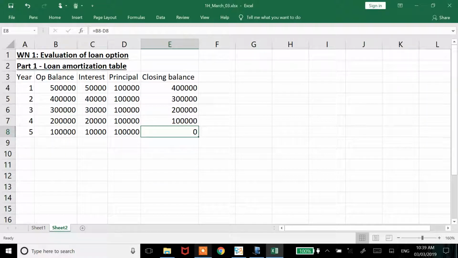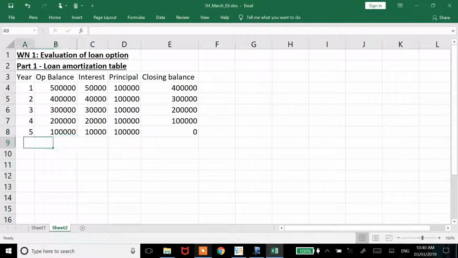So if you want to use the word installment, you can say opening balance, interest, installment and closing balance. When I use the word installment, closing balance is opening plus interest minus installment. If I am using the word principal, I directly deduct the principal, because I need not add. So it's not that I am paying only 1 lakh in the first year, I have to pay 1 lakh as well as 50,000, both have to be paid.